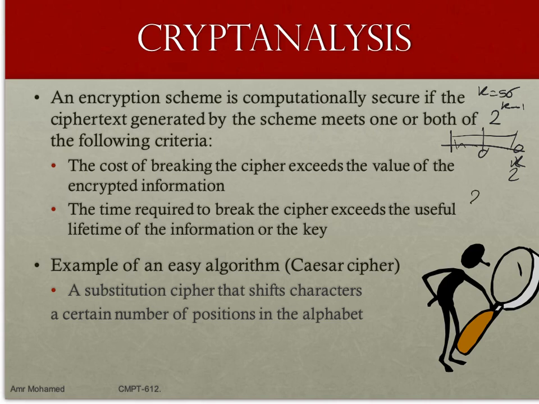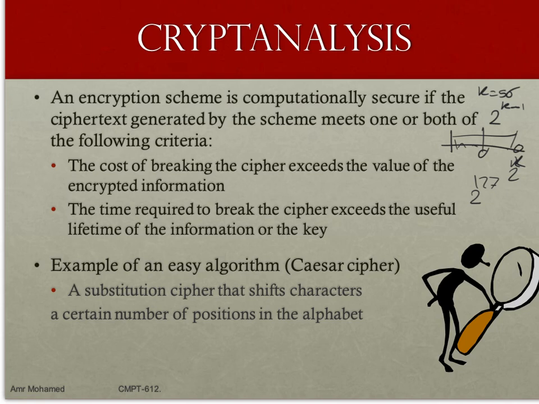So I need to perform 2 to the power 127 trials to get to the right answer on average. 2 to the power 127 requires a server which costs $3,000. And I need that to break a bank account which has $2,000. Does that make sense? No, that doesn't make sense. So the value of the gain that I will get out of this attack is way less than the cost that I have to pay.